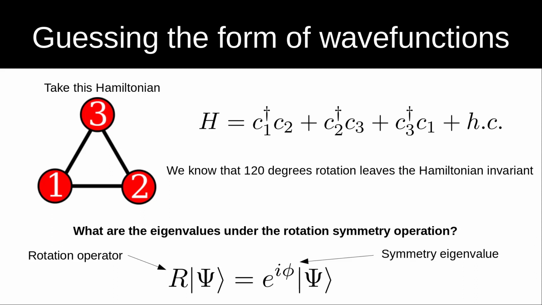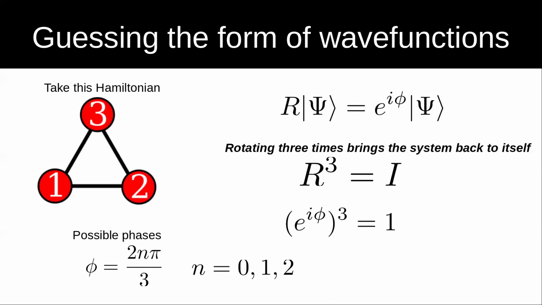My question for you is, what are the eigenvalues of the symmetry operator of this Hamiltonian, the rotation? In practice, I'm asking you, what are the possible values of phi for the eigenstates of this Hamiltonian? You can think for a few seconds about it. And after thinking about it, you will realize that the eigenvalues are actually very simple.